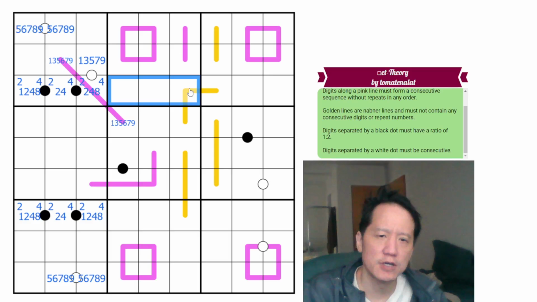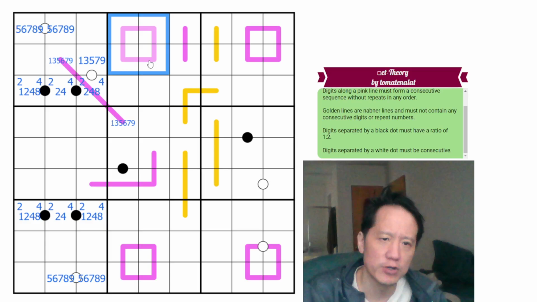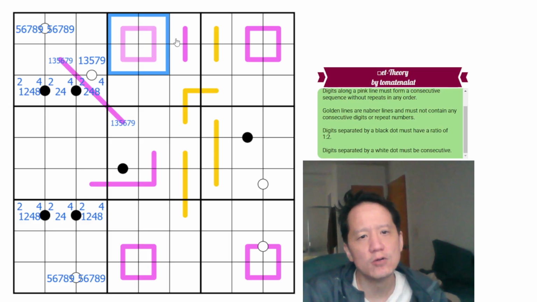Well, the interesting thing here is 2 has to be on one of these Renbans. So does 4. Oh, that's actually very interesting. Well, that would mean, and I guess 2 and 4 could be here, right?